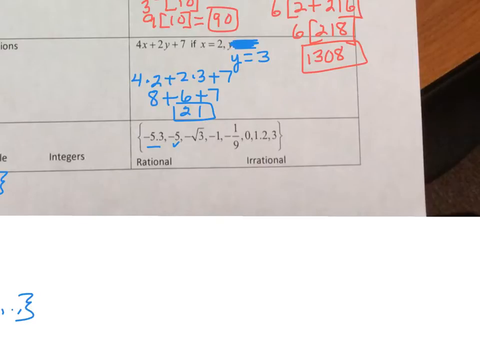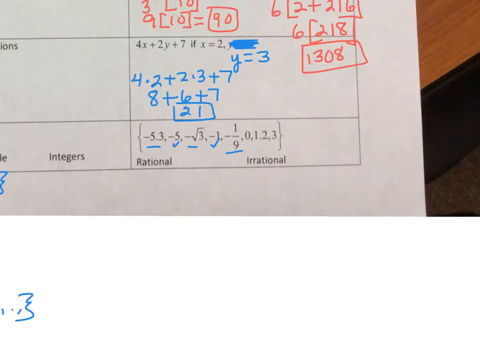Negative the square root of 3. Nope, that's going to be some kind of icky decimal. How about negative 1? Yep. Okay. Negative 1/9. Nope. Why? Because it's a fraction. That's right.